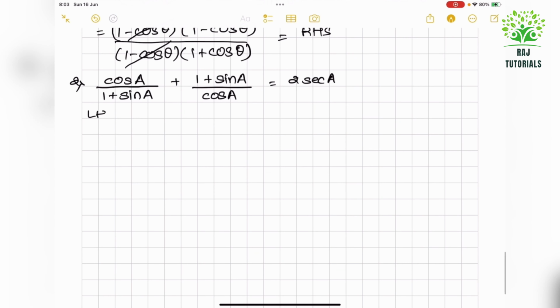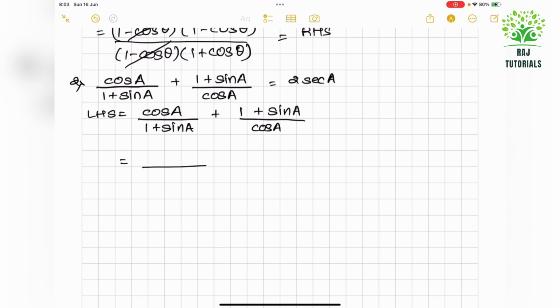See here. Now here the second one says cos a upon 1 plus sine a plus 1 plus sine a upon cos a. So again I am taking LHS. Cos a upon 1 plus sine a plus 1 plus sine a upon cos a. Now I am taking LCM.